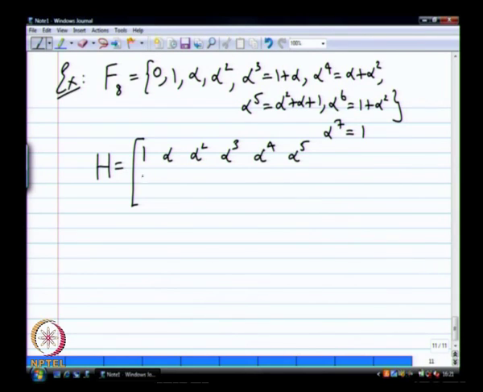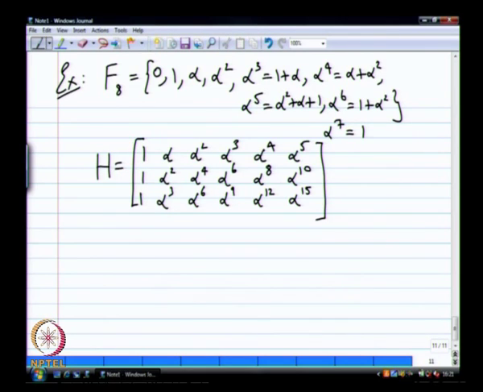Yeah, so let us do that. Taking a terrible amount of time to write this. I am sorry for that. Just trying to make sure I do not make mistakes. Alpha power 6, alpha power 9, alpha power 12, alpha power 15.